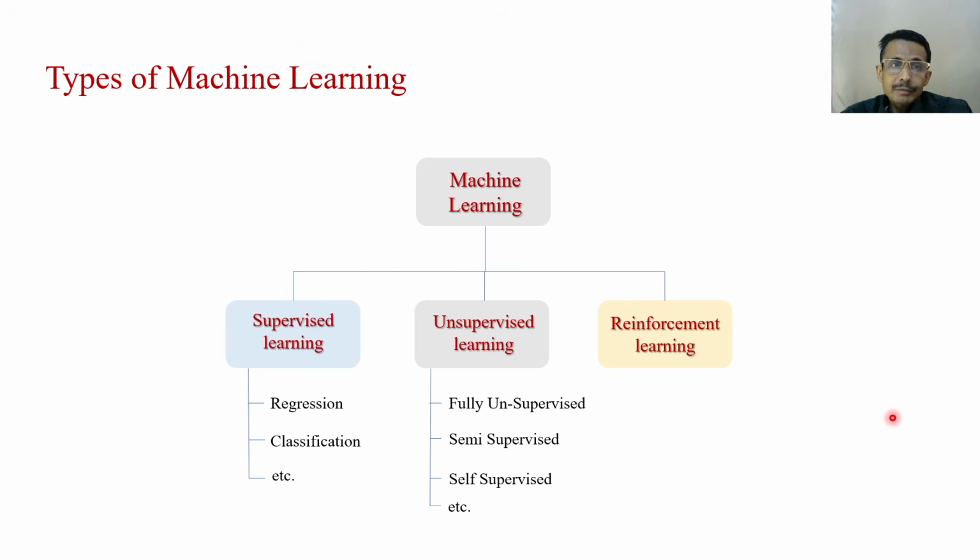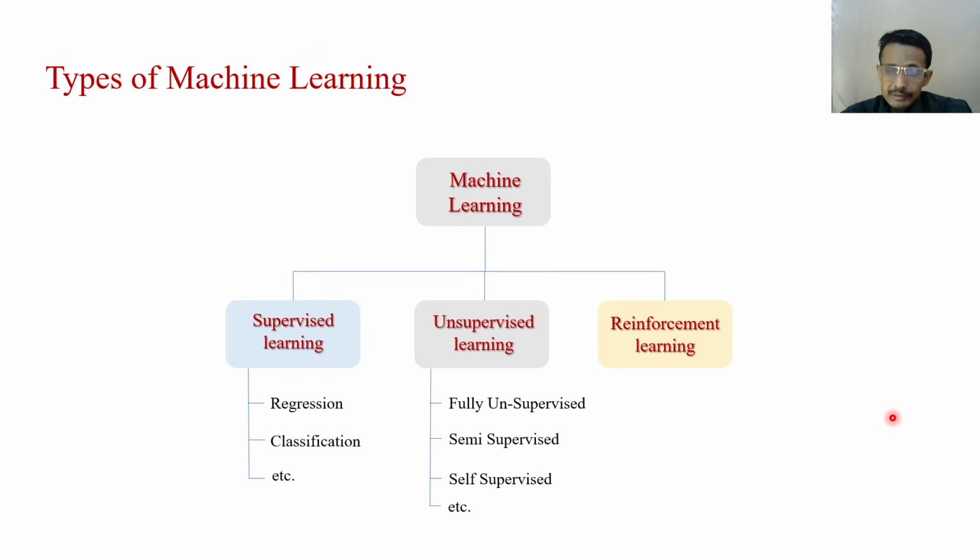Now there are different types of machine learning. As you see, this is supervised learning, where annotated or labeled examples are given. There are different sorts, such as regression, classification, etc. Then unsupervised learning, where this kind of labeled data is not there.